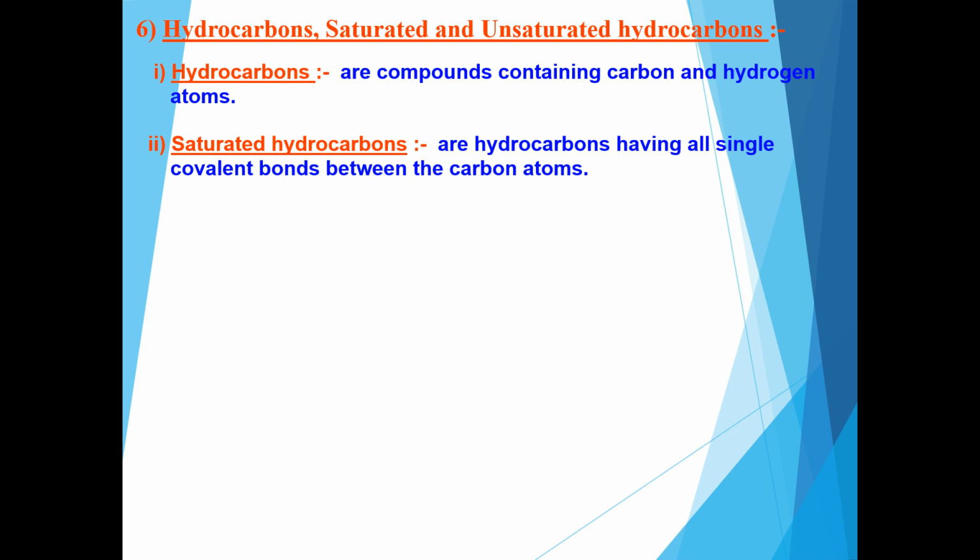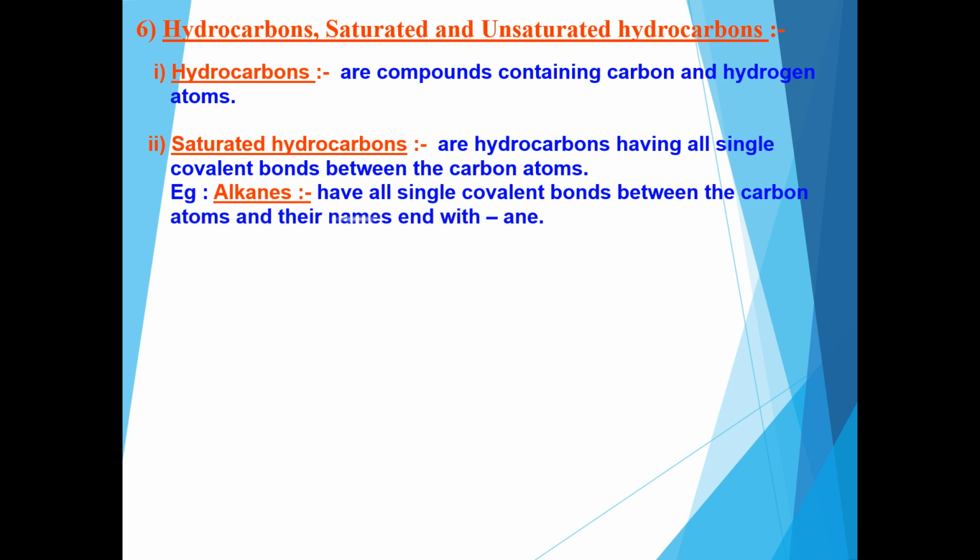Saturated hydrocarbons are those having carbon-carbon single covalent bonds. For example, alkanes. Alkanes have all single covalent bonds between the various carbon atoms and their names end with the suffix "ane". These are saturated hydrocarbons.